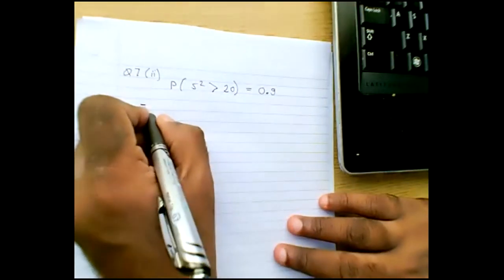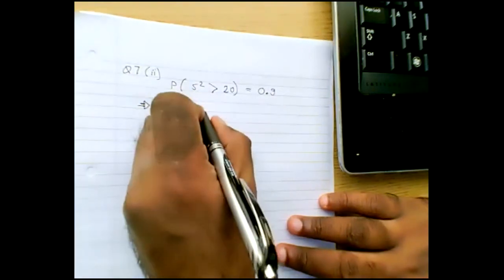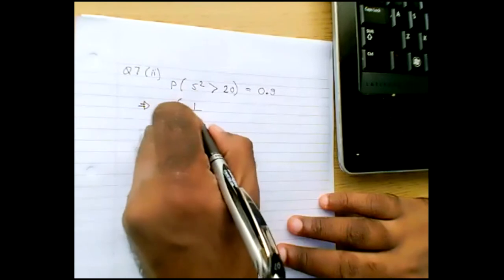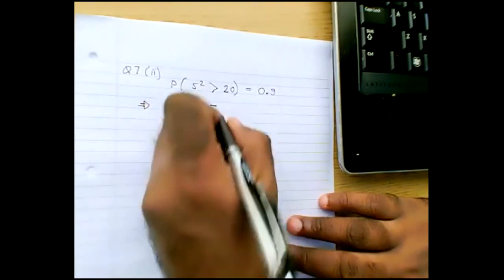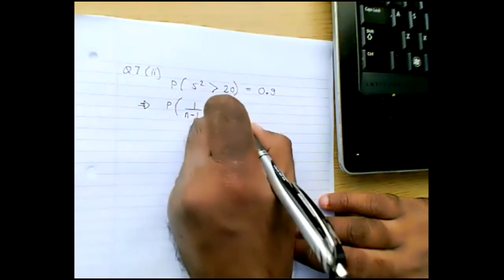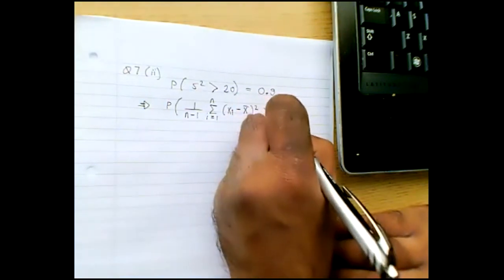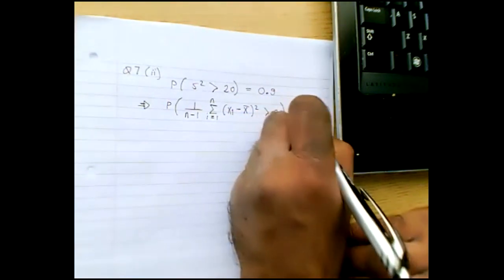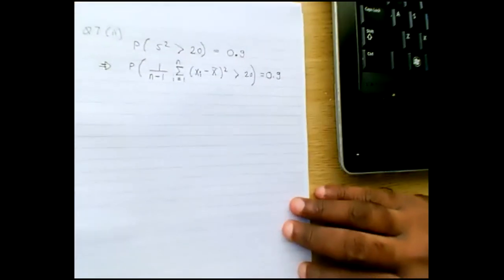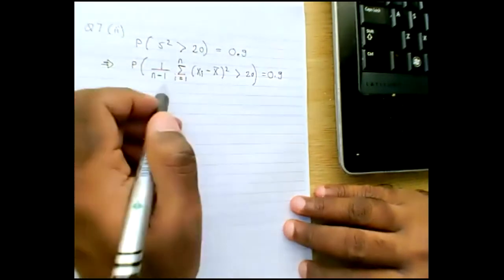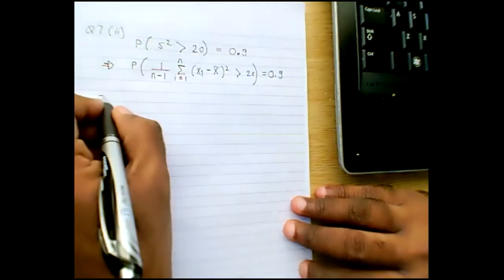The formula for s squared is, as I already mentioned, this. Now the next thing I'm going to do is multiply both the left and the right by n minus 1.